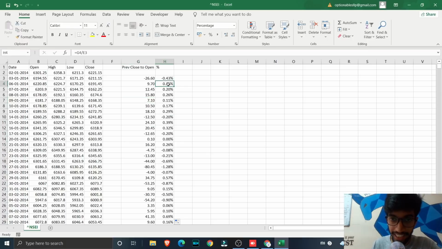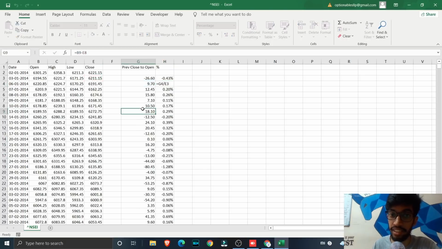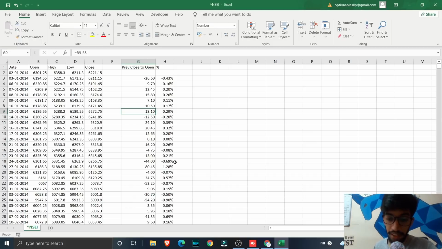So all you have done here is just divide the absolute change in open from previous close by the previous close, which is going to give you a percentage number. So now you have previous close to open percentage change. So all you did is just calculate previous close to current open percentage change.